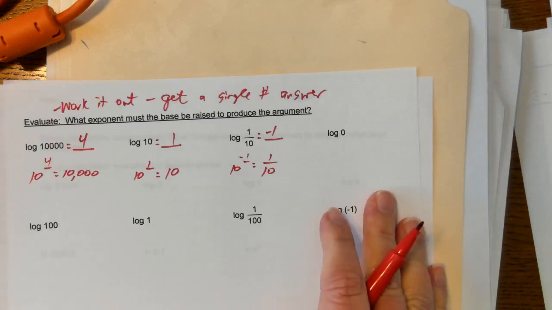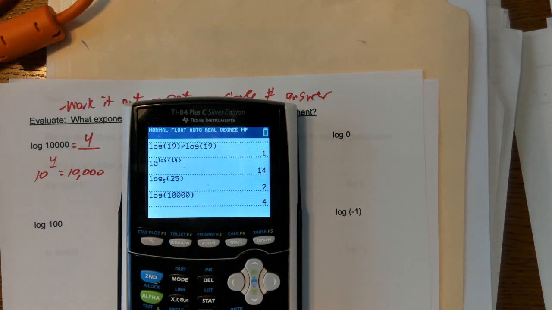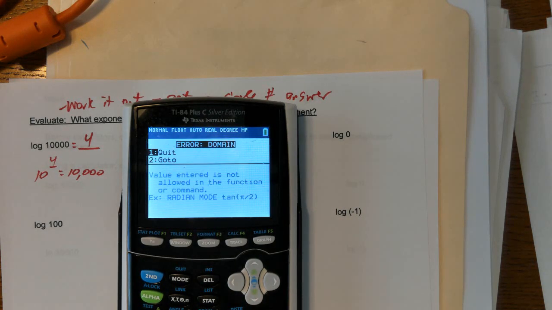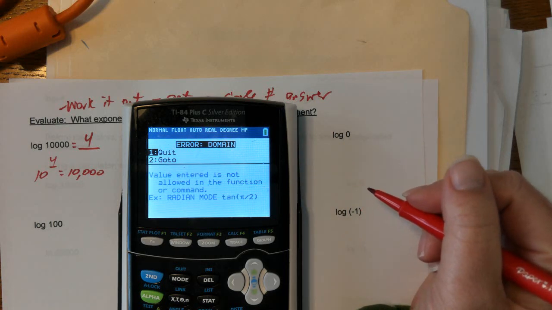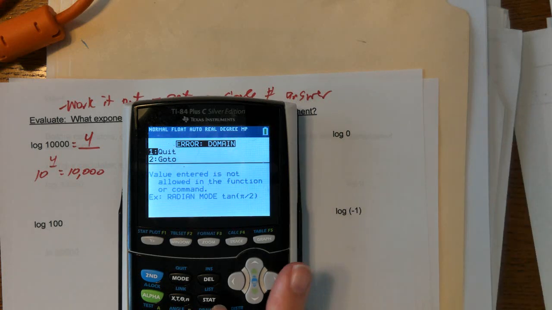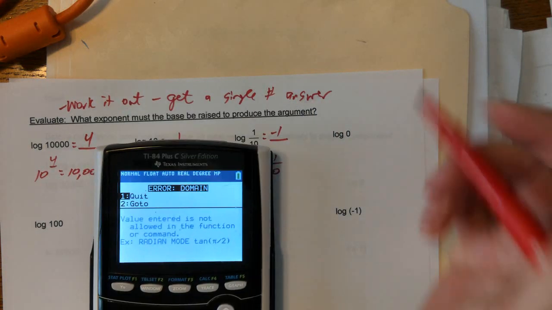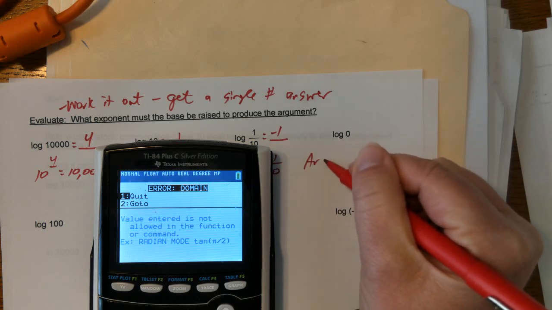And then log 0. Let's type that in the calculator and see what we get. In the calculator, when we type in log 0, it gives us an error message. And we go, wait, what? What happened? Did I do something wrong? No. But remember how we said in the other video that the argument must be positive. This argument is 0.